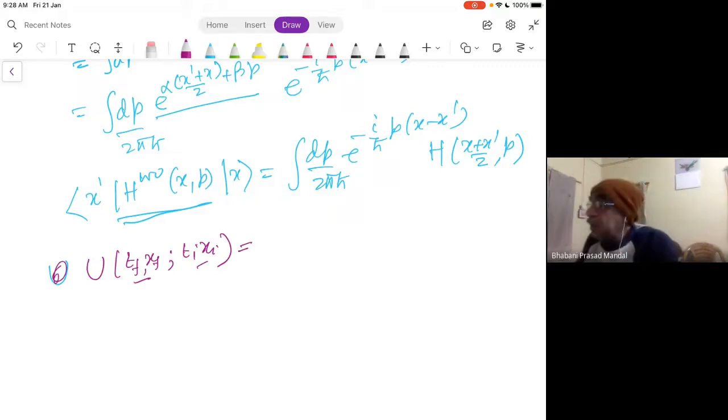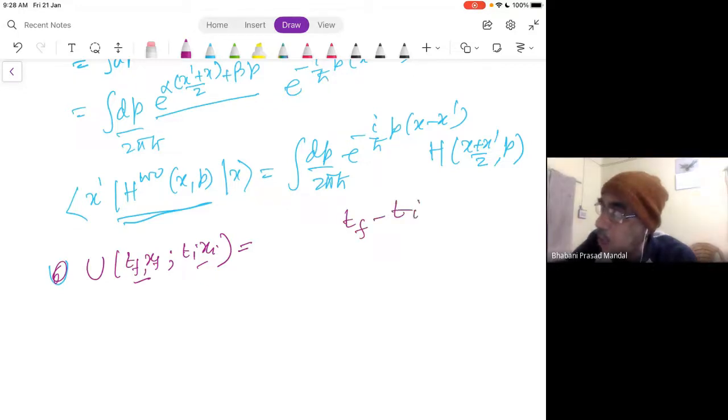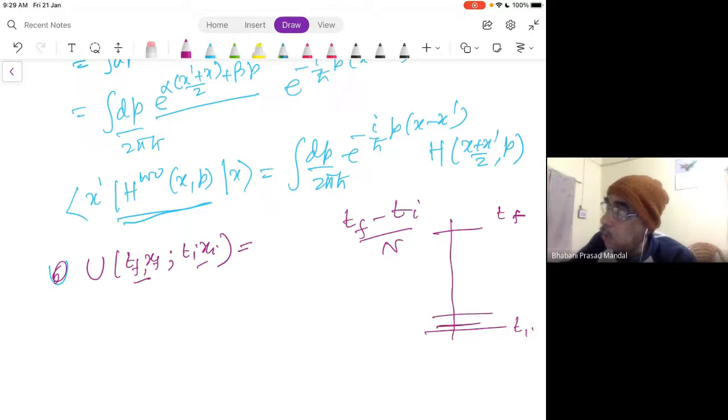Now to calculate this, this is a finite time, so we need to break this time interval, final time minus initial time, into a number of pieces. So suppose this is your time interval, this is t initial, this is your t final, so we can break it into small slices, such that each step is just an infinitesimal time.